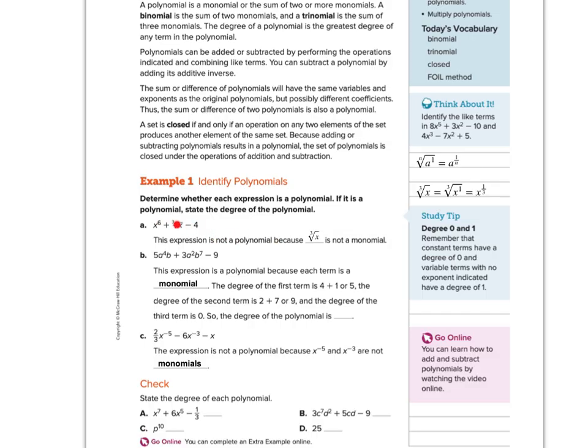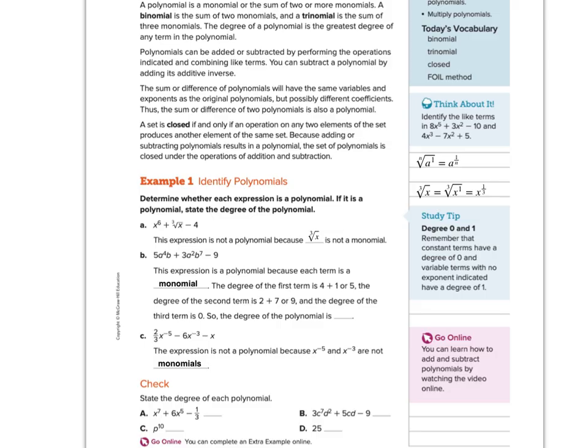It has 1, 2, 3 terms, but not a polynomial. Here, this expression is a polynomial because each term is a monomial. All of my variables are positive integers, and even this one there's no variable, or you could think of it as x to the 0, but maybe that's too much, then we don't need to worry about it.